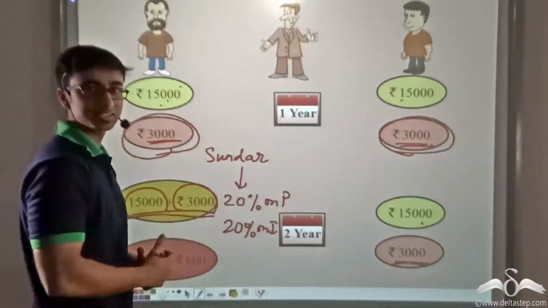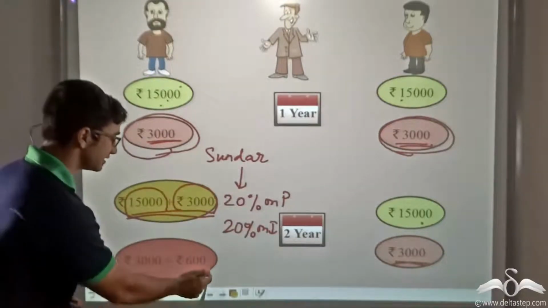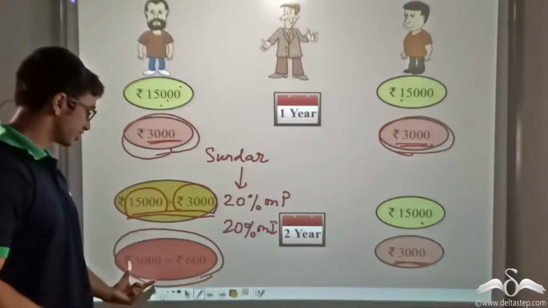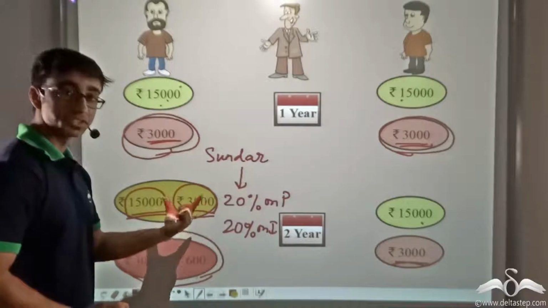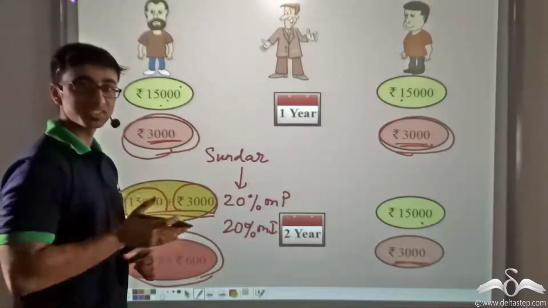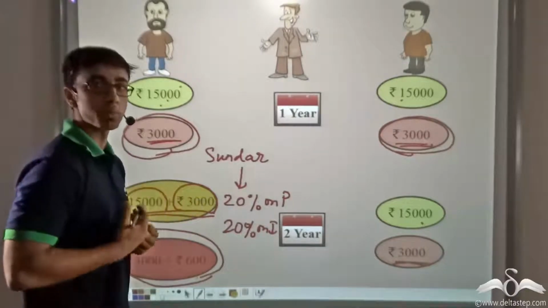So now Narayan sees that if he puts an interest on interest, then he is able to earn more. 20% of 15,000 is 3,000. 20% of 3,000 is 600. So Narayan finds that if he charges an interest on interest, he will be able to earn more money.